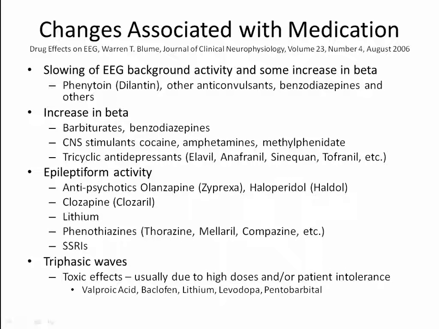So again, we have what seems like a contradictory effect from barbiturates and benzodiazepines increasing the beta frequencies. Now, some medications can cause epileptiform activity or can contribute to epileptiform activity in individuals who don't have a history of epilepsy and or individuals who do have a history of epilepsy.